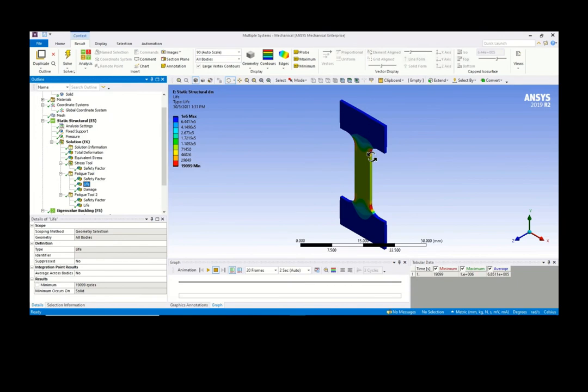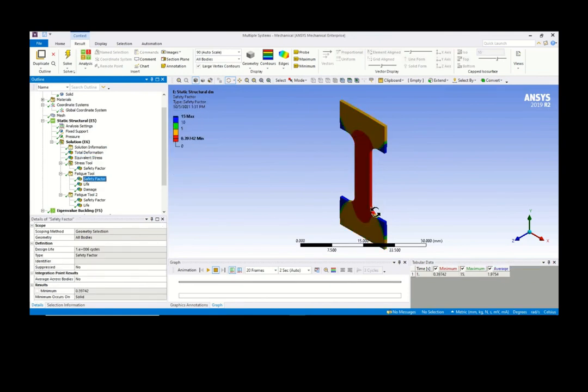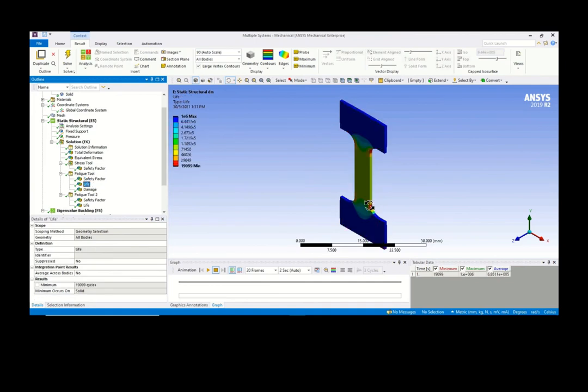But at this particular region, because the stress is large, you see the distribution is similar. The stress is large at this particular region, so you have a very low factor of safety and a low life. So meaning here is a finite life, 19,000. All right, that is what it means.